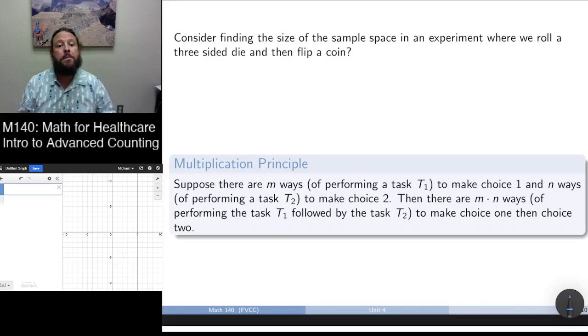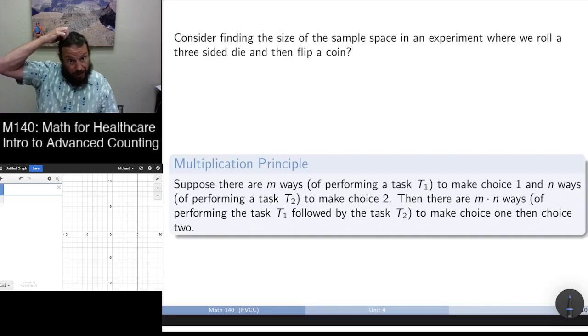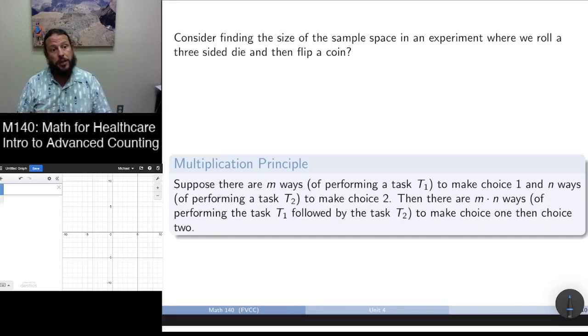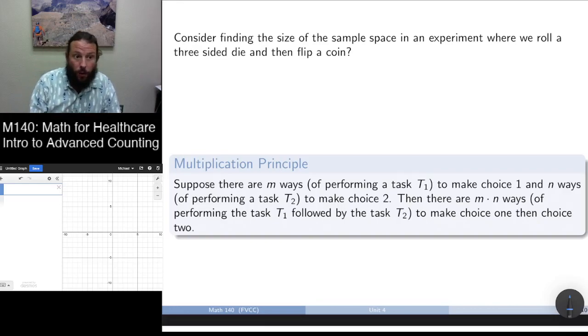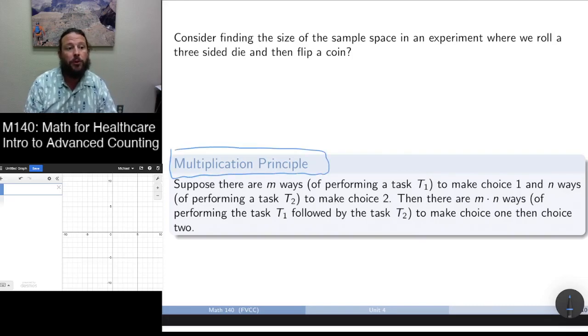Then there are m times n ways of performing task 1 followed by task 2, or making choice 1 and then choice 2. This multiplication principle is fairly important, and almost all our counting is going to be based on it. It's getting to the idea that for each one of the first things, there are this many in the second.